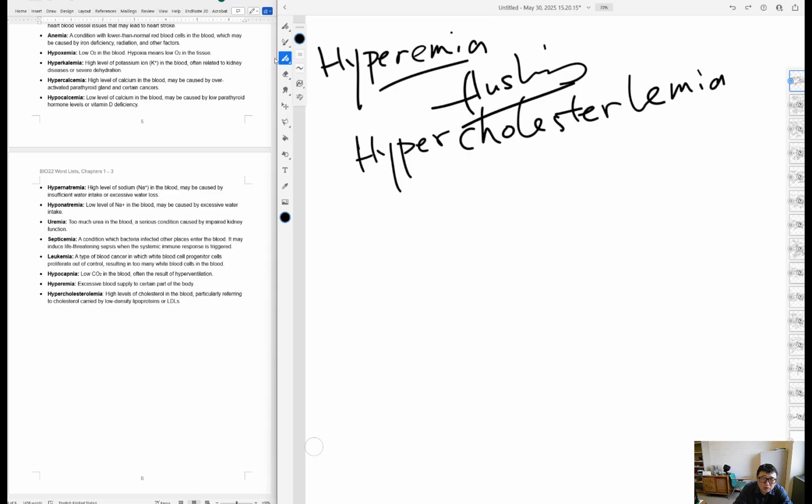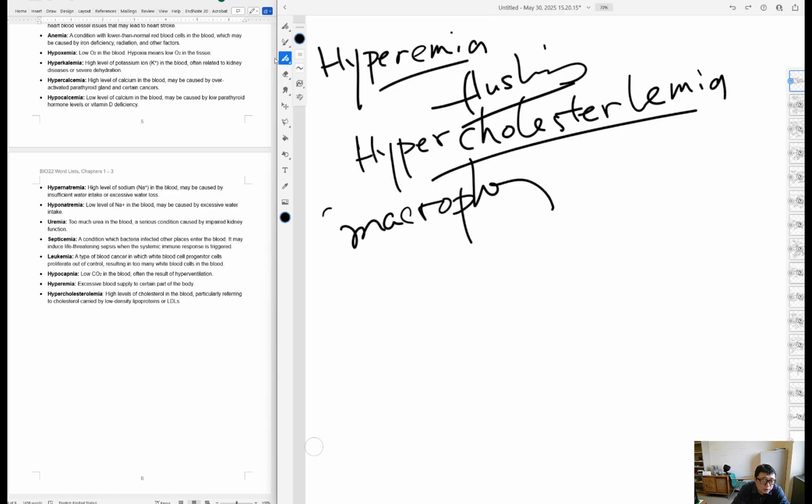Hypercholesterolemia. I studied metabolic disease, and I rarely met this word. It means high cholesterol in the blood, and it's not good. But cholesterol itself is not really the problem. It's because you have too much LDL in the blood, and the cholesterol is taken up by the macrophages.